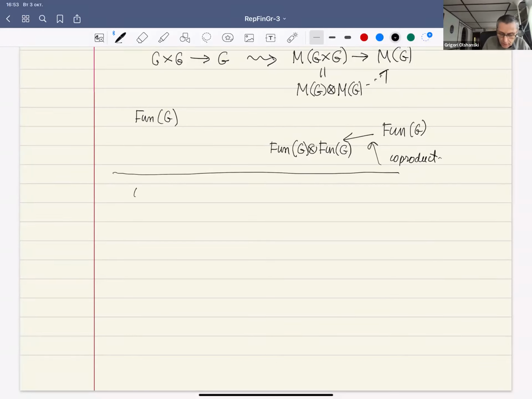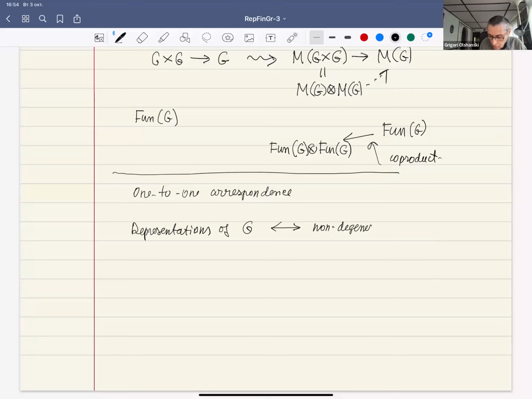There is a one-to-one correspondence between representations of G, always finite dimensional, and non-degenerate representations of the group algebra.